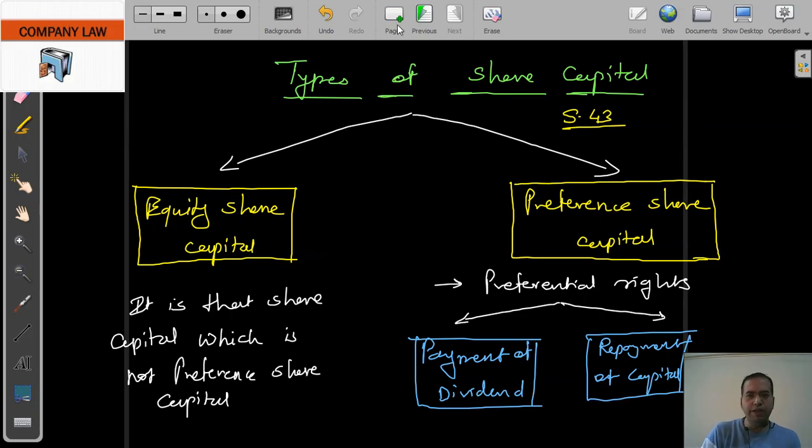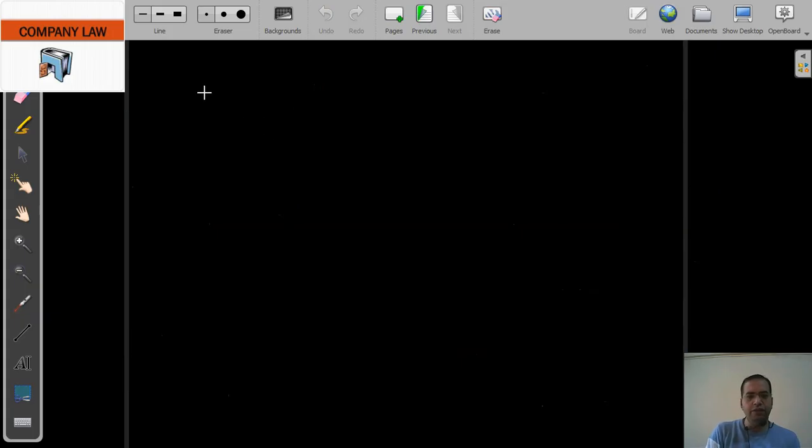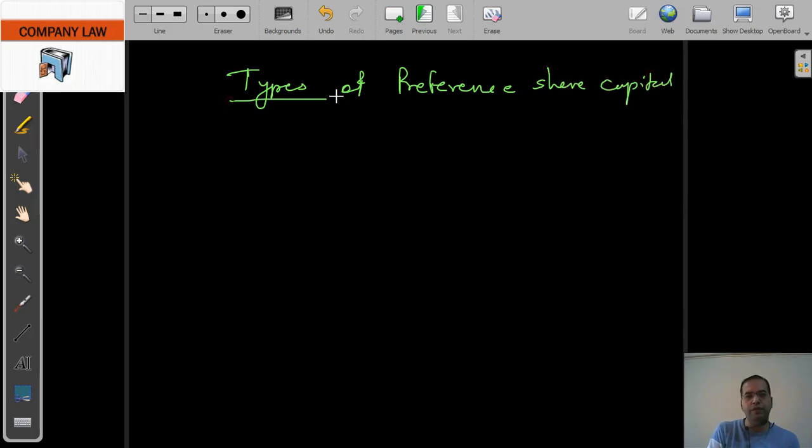So what are the various types? A question can be asked in the exam, like types of preference share capital. It is divided into 4 different parts we can study.